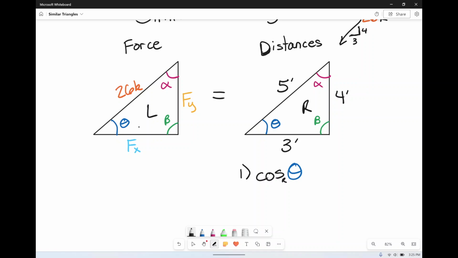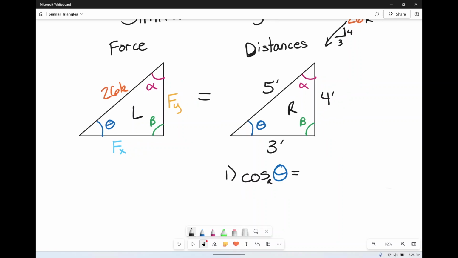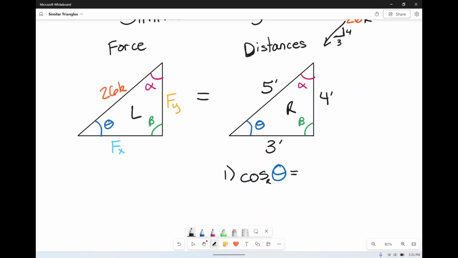So cosine of theta on the right over here is equal to what? Using SOHCAHTOA, cosine is the adjacent over the hypotenuse. The adjacent is 3 feet over the hypotenuse, which is 5 feet. So it's 3 feet to 5 feet. So that is cosine of theta.